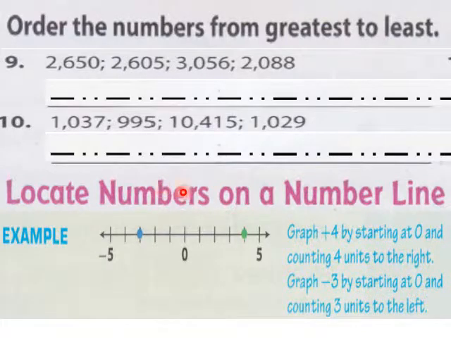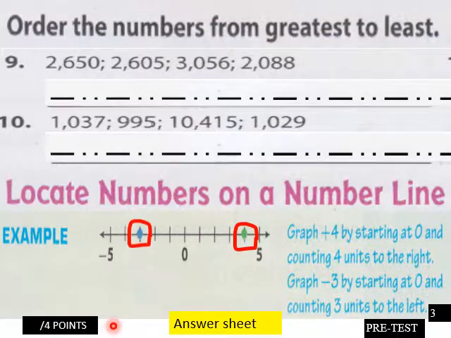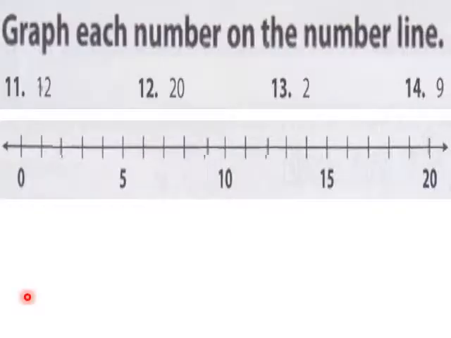And then locating numbers on a number line. Graph +4, and then graph -5. So there's +4. Oh, I'm sorry, that's -3. -3, -1, -2, -3.